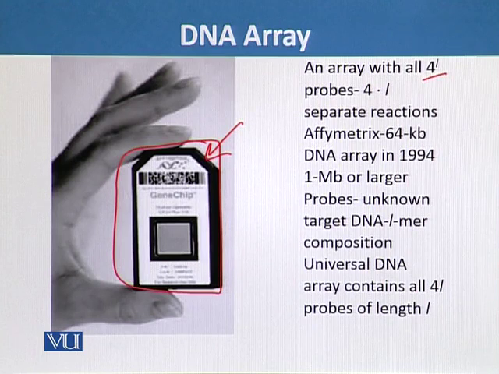The L-mer composition of a string is simply the set of all L-mers present in that string, and we have already seen an example of this before. The universal DNA array contains all 4 raised to the power L probes of length L and is applied as shown here.